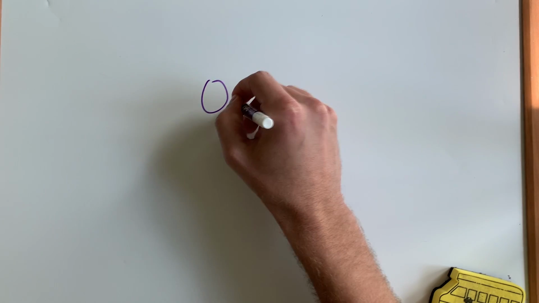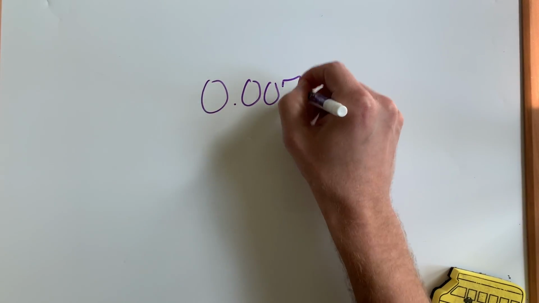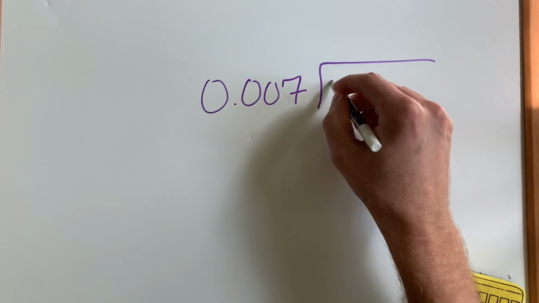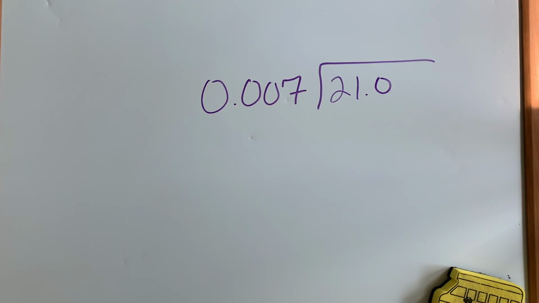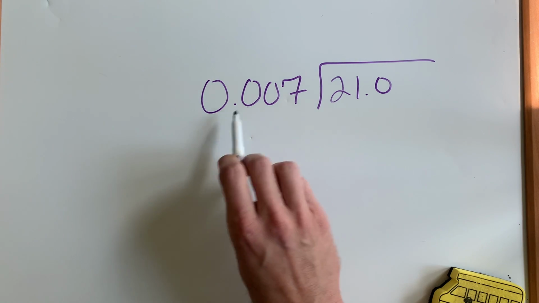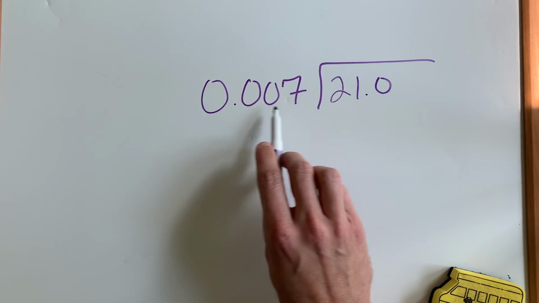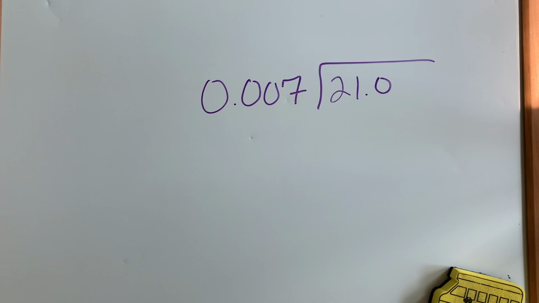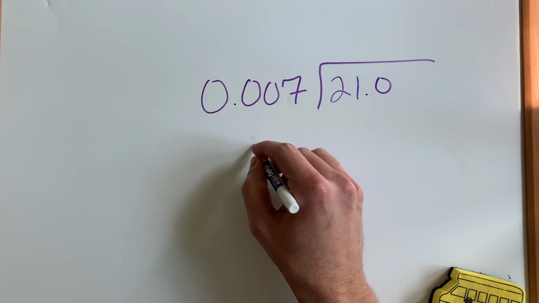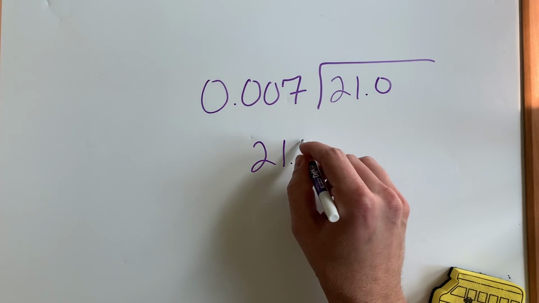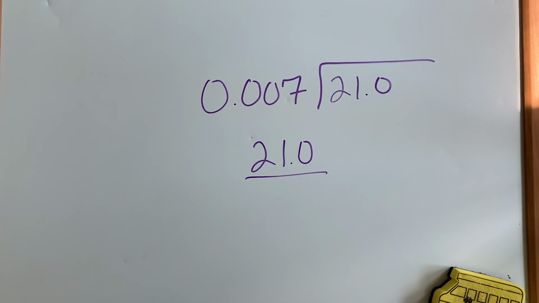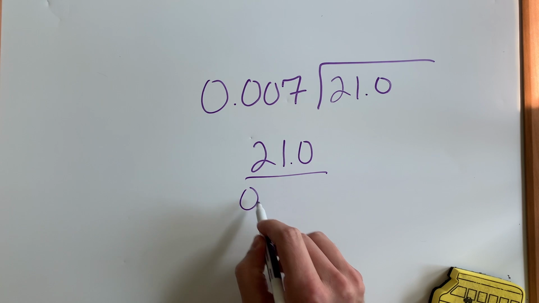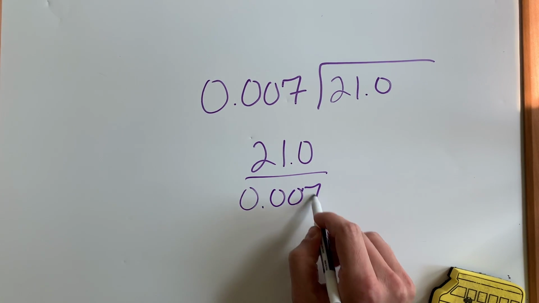Let's look at another example where I have a couple more digits. 21.0. Okay? Look at how many digits I have out here in the divisor, how many place values of 0 between the decimal and the 7. If I rewrite this, 21.0, which I don't need the 0, but I'll leave it in there for illustration, and divided by 0.007.